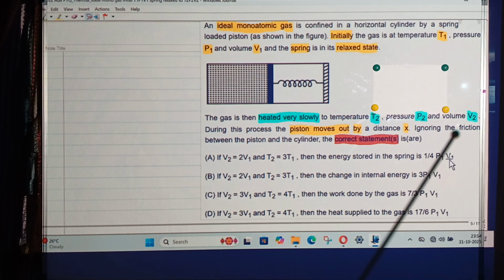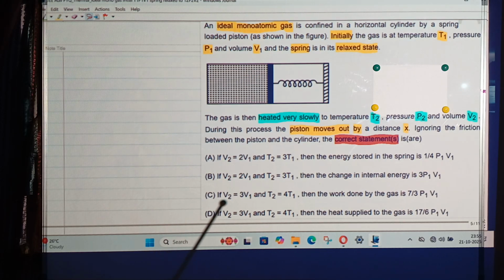Ignoring the friction between piston and cylinder, the correct statements are: Option A, if V2 equal to 2V1 and T2 equal to 3T1, then the energy stored in the spring is 1/4 P1V1. Option B, if V2 equal to 2V1 and T2 is 3T1, then the change in internal energy is thrice P1V1.